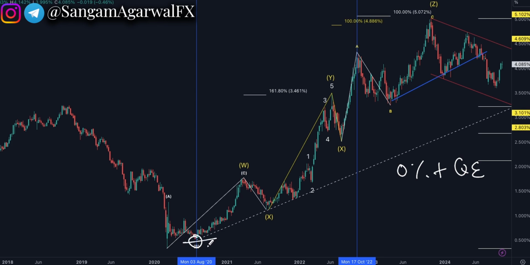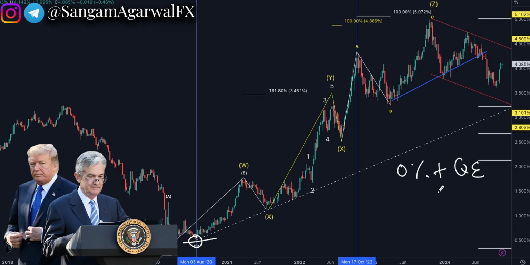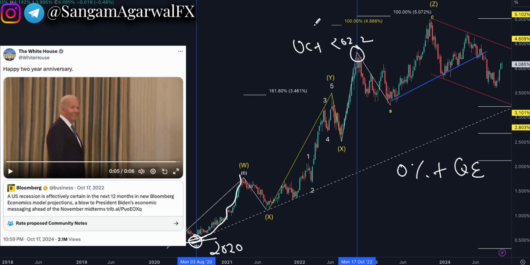Nobody listened to Powell and nobody waited for the election. The market began tightening for the Fed, started in 2020 and continued till October 2022. So why is Biden smiling? Last time tightening started before the election, but this time there is no sign of tight monetary policy, either fiscal or monetary.